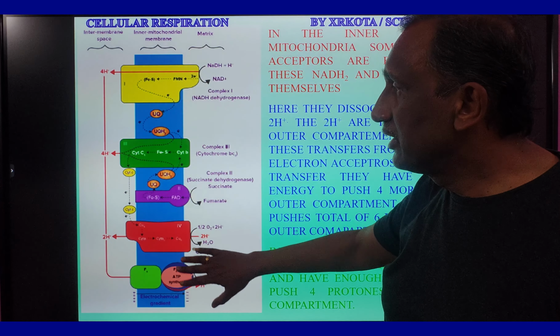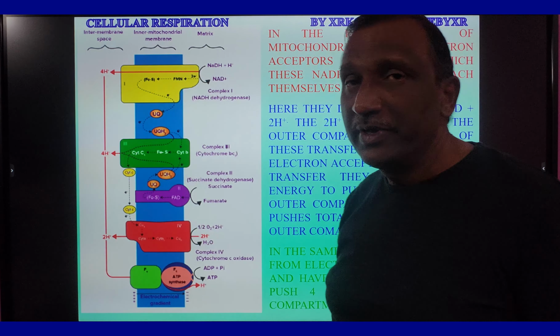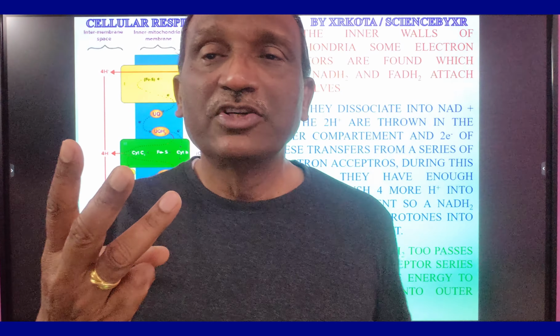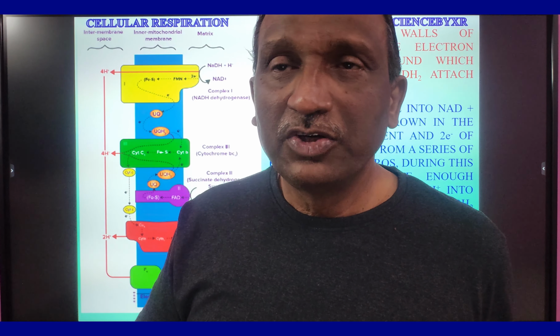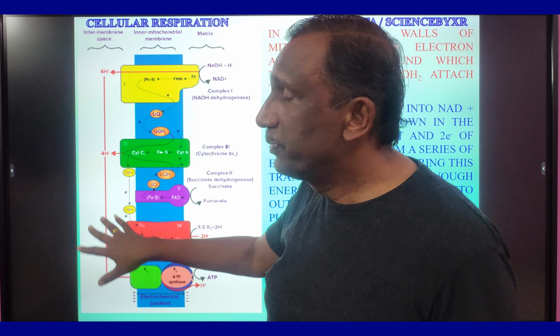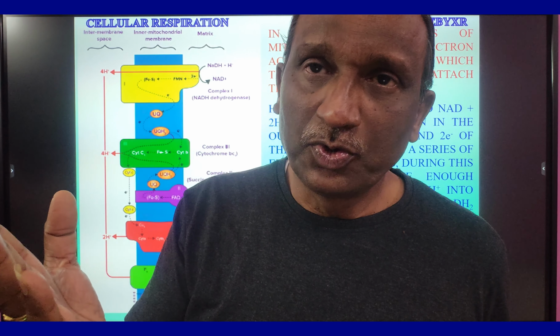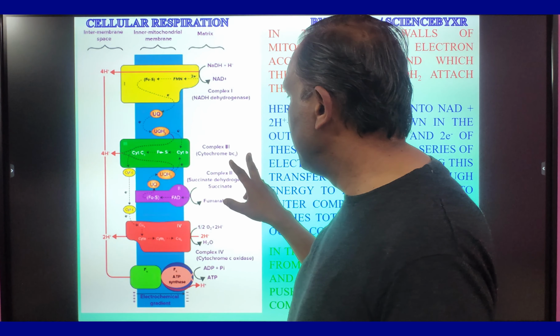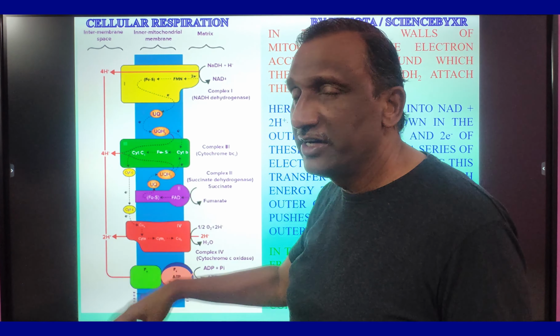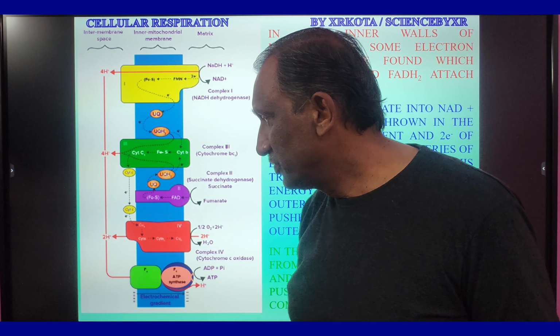One pair of NADH2 if we take, so it transports 6 protons to the intermembrane space. One NADH2 can transport 6 protons outside. और अगर FAD लेंगे, so it can transport only 2 protons outside.